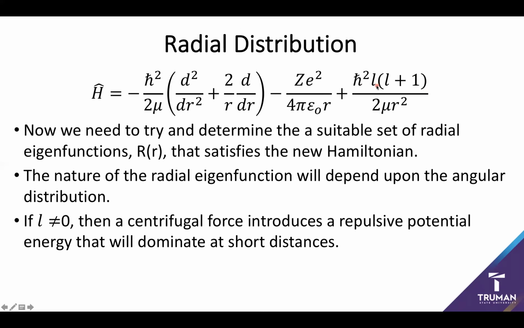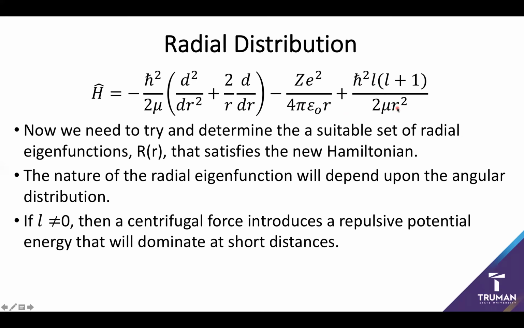And not too surprisingly, this angular momentum is going to be most felt at very short distances. Because at very short distances, this 1 over r squared term is really going to dominate the whole expression, as it will quickly become an infinitely positive or repulsive potential.